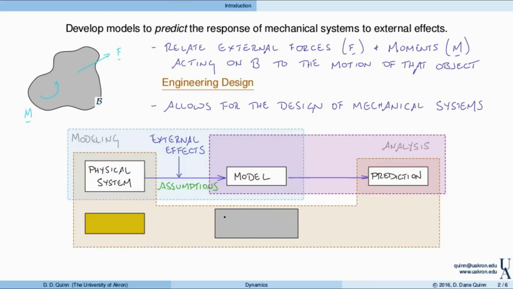Once we have a prediction, we need to determine if the performance is acceptable. So hopefully we're able to come up with some metric to determine if the performance of our system is acceptable.